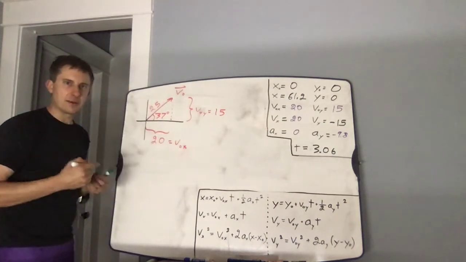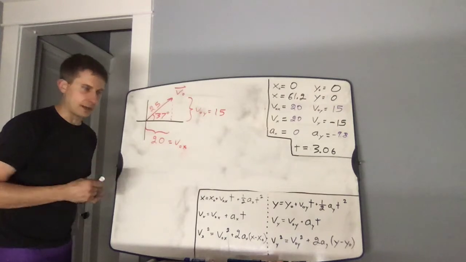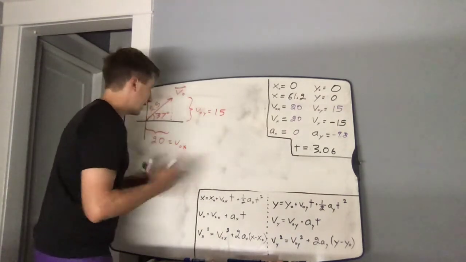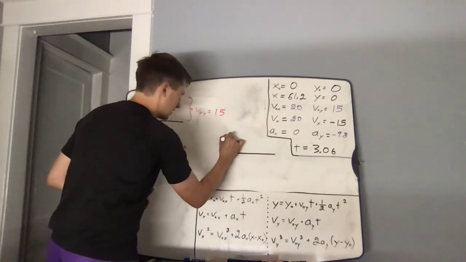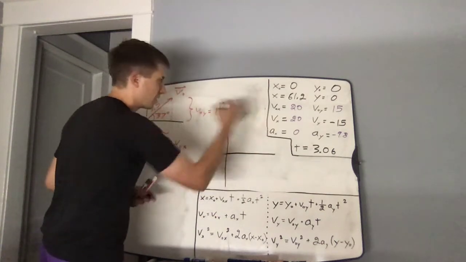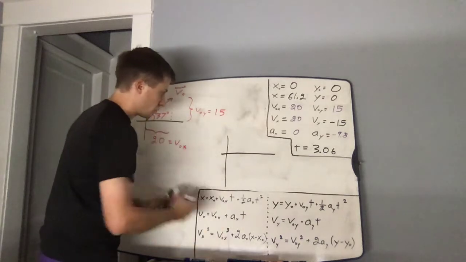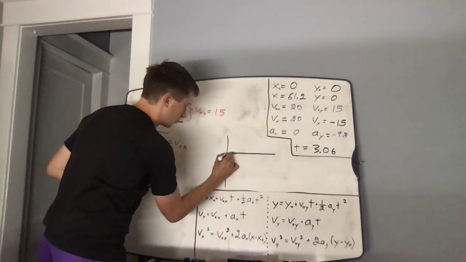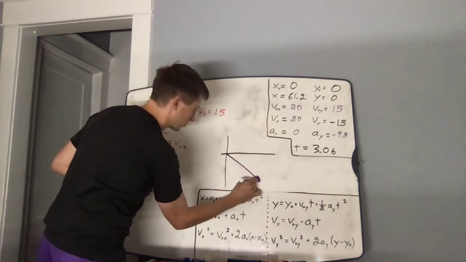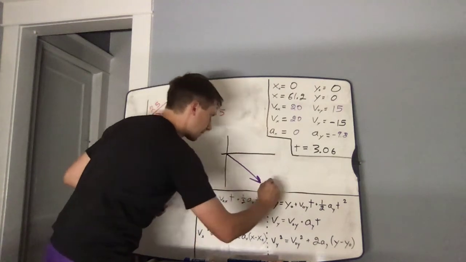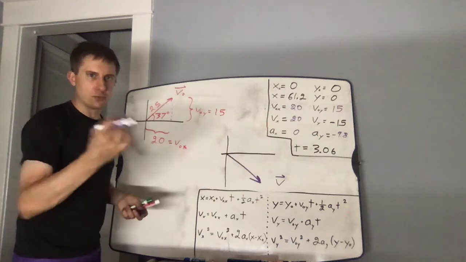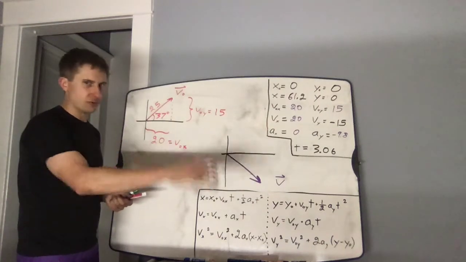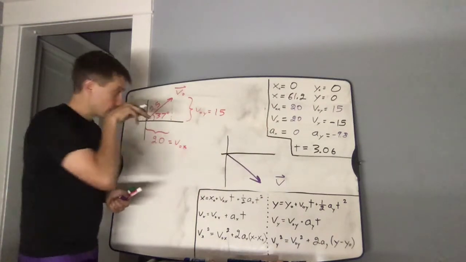Let's do the same thing for the final velocity, see what we get. So here is the xy axes for the final velocity. It's going to be in the fourth quadrant. So I could draw the final velocity is going to be something like this. So here is my final velocity. And I'm asking what is the magnitude and what is the angle below the horizontal.